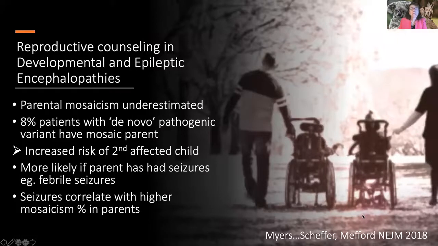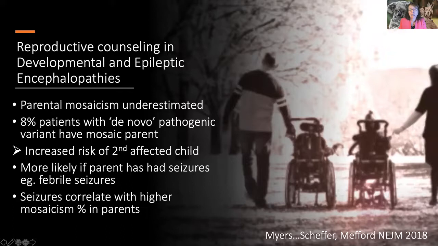Thinking about parental mosaicism, the take-home message from this study that we published in 2018 was that the frequency of parental mosaicism is underestimated: 8% of patients with the genetic developmental and epileptic encephalopathies who are thought to have a de novo pathogenic variant actually have a mosaic parent. Those families are at much greater risk of having a second affected child.